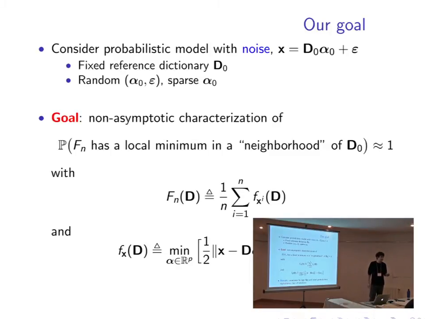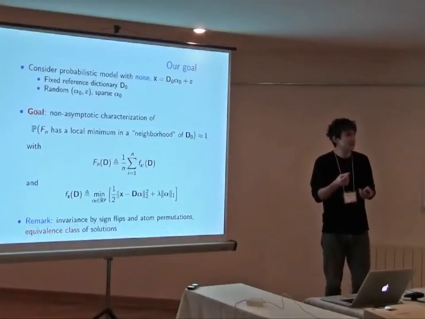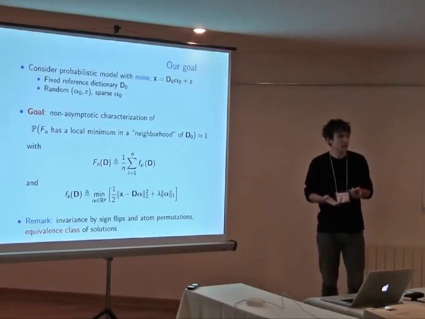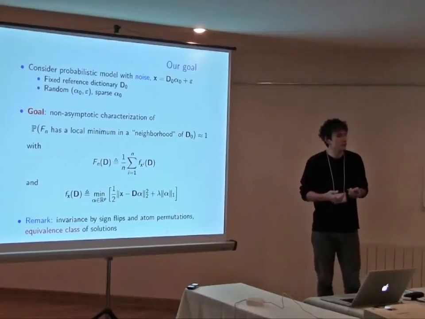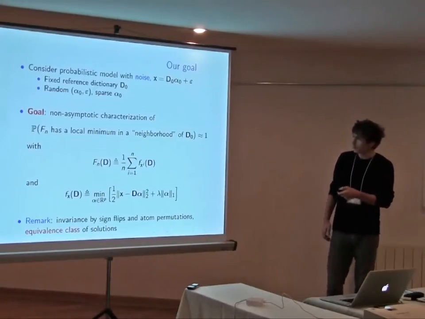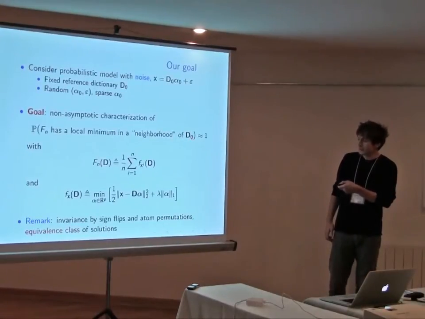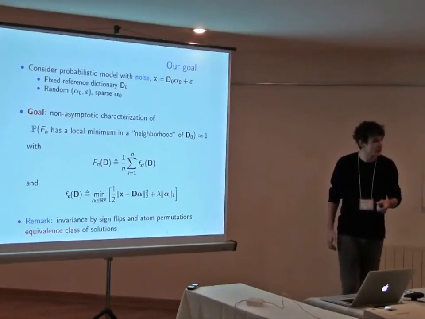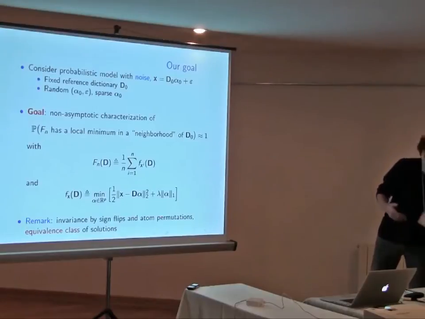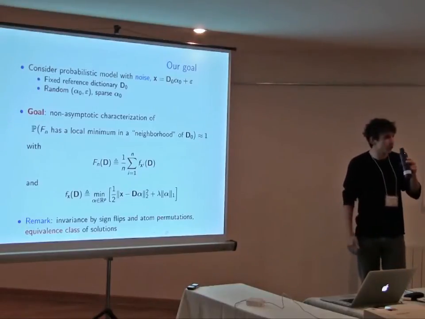This results in the fact that we cannot hope for exactly identifying the dictionary D0, but the best we can do is basically to consider the equivalence class of all the transformations of the dictionary D0 with respect to those operations, which are sign flips and atom permutations. If we want to do better than this, we have to change the formulation.